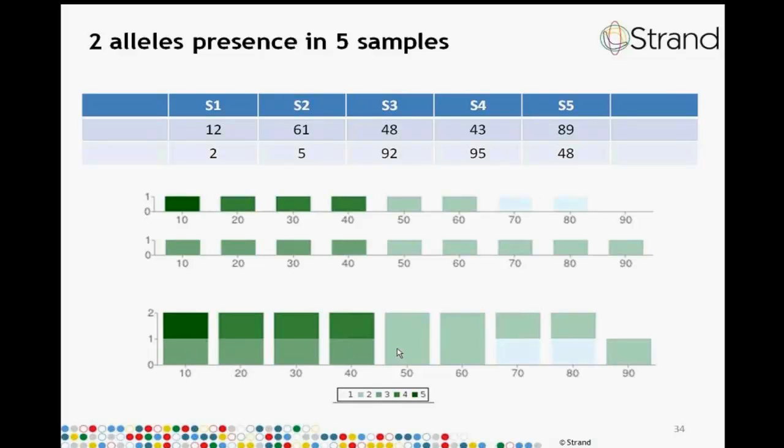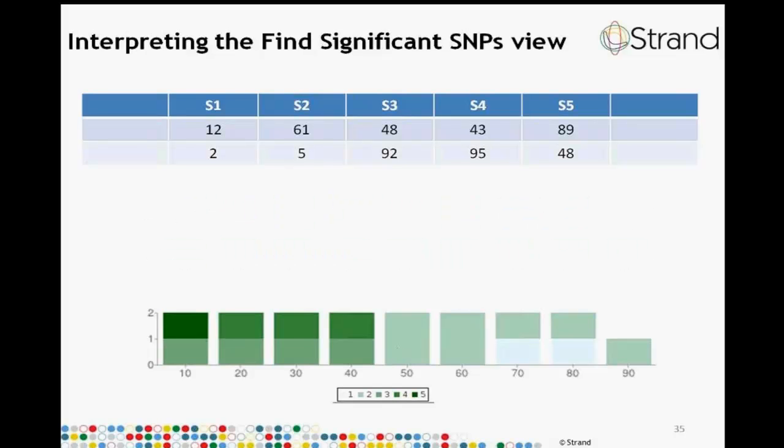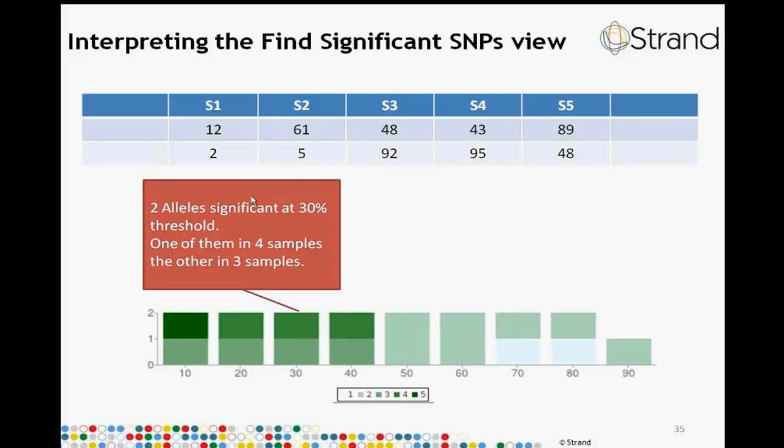What we have done so far is to show how we would compute the picture. So the picture is reproduced out here, and what it shows is that when the threshold is raised to 30, the height of the bar out here indicates how many alleles can be considered to be significant. So it says that when the supporting read threshold is raised to 30, overall 2 alleles can be considered to be significant, but of the 2, one of them is significant in 4 samples and the other is significant in 3 samples.